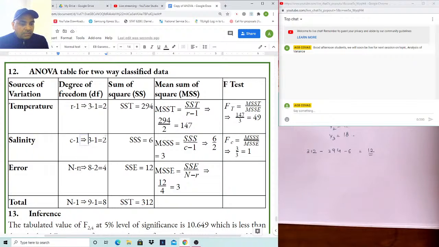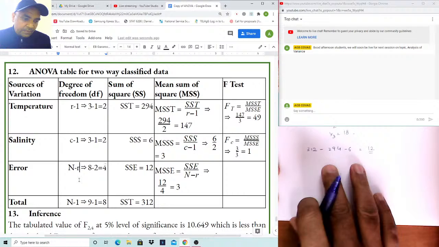Now this will be equal to n minus r minus c. Sorry, not n minus r minus c. Let me first find out what it will be.